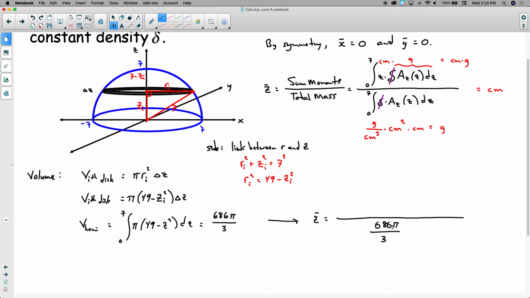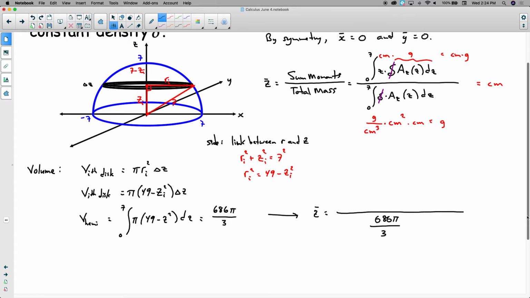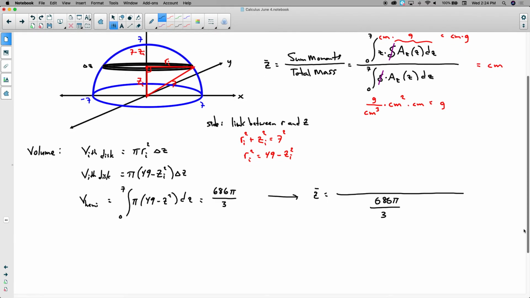All right, so clearly we need to go get the numerator, and that's just a little bit tougher of an integral, but not so bad. All right, so I'm just going to draw a clear demarcation there, and now I'm working on the sum of the moments.